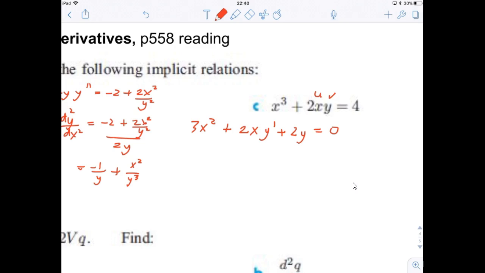And now I want to solve for y dash, or I want to take one more derivative, right? So let's see, it'll be 6x plus, and now I'm going to do a product rule here.